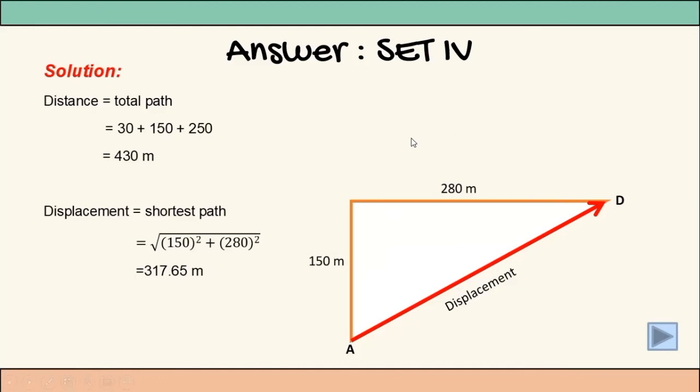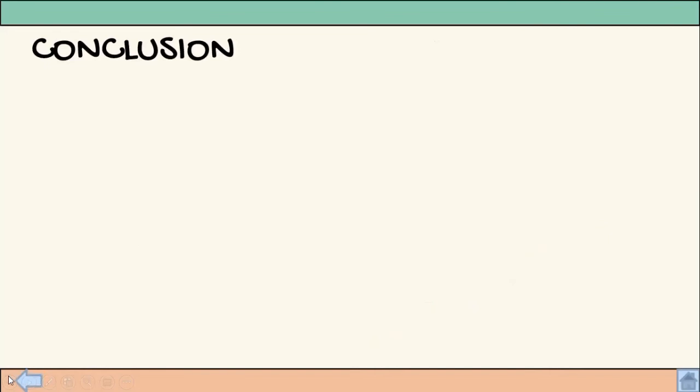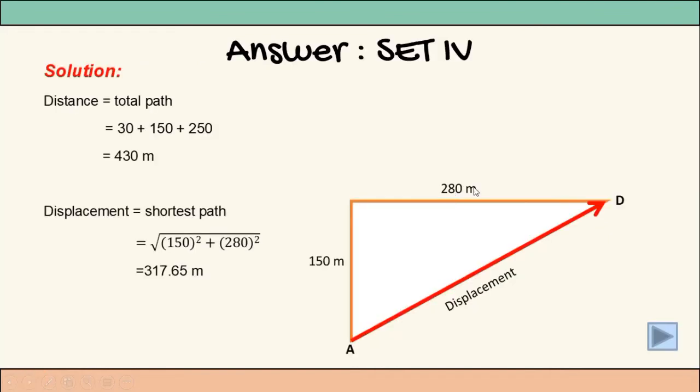Actually, the length from A to here is 150, and from here to D is 280 meter. So we find the displacement A to D. So this is what I meant before: when the displacement is not given directly, you need to find the displacement using the Pythagoras theorem.